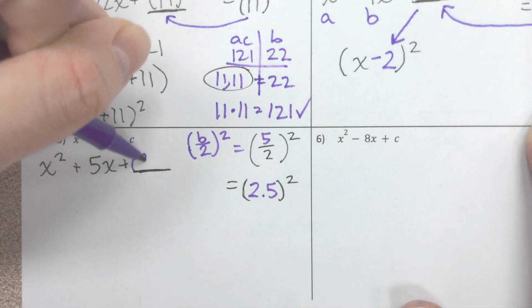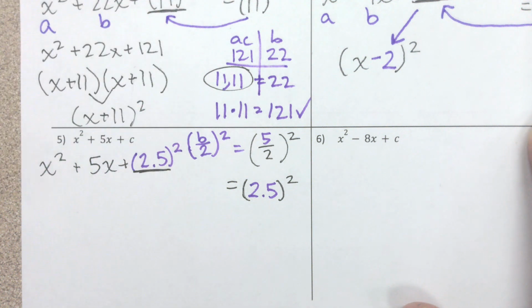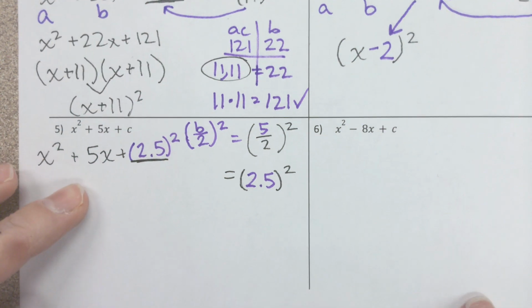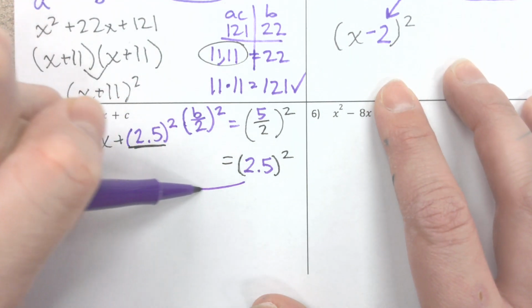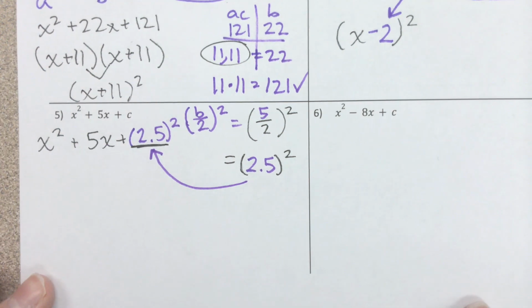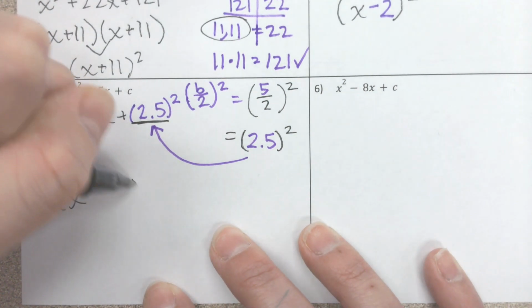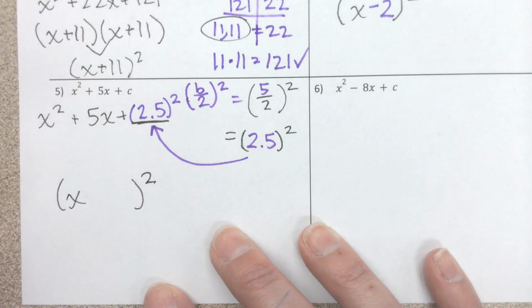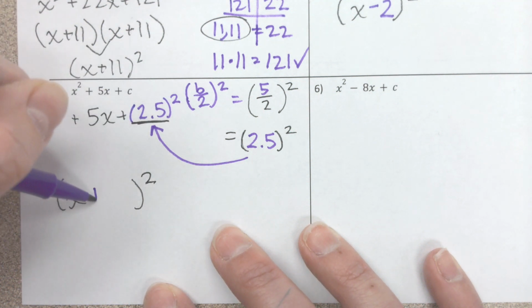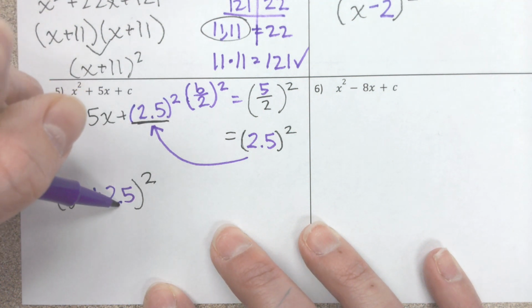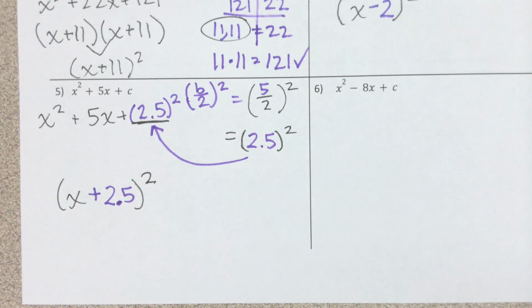So we have plus 2.5 squared. And when we factor it, we have the x and the squared. And then we're just going to bring this number down, so x plus 2.5, whole thing squared.